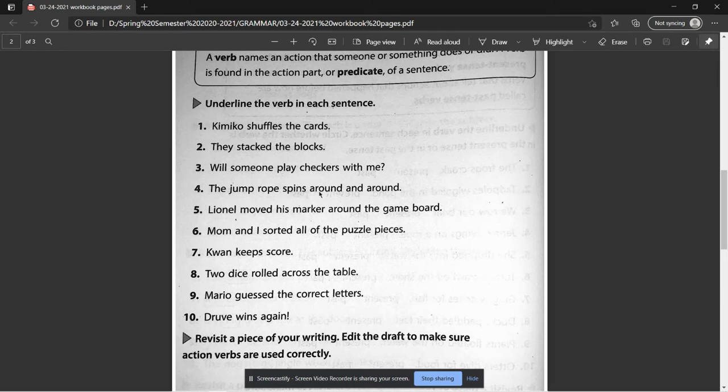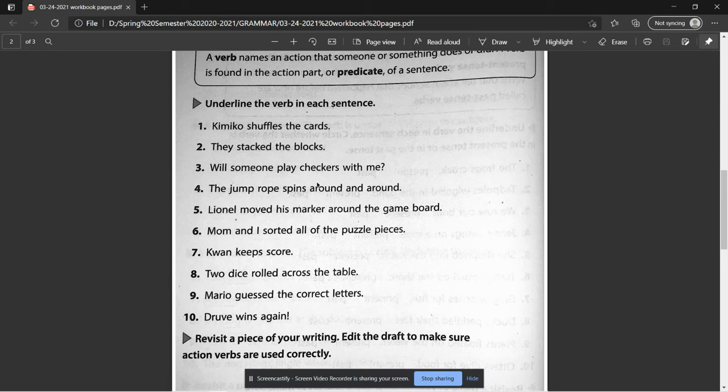Now let's see. Around and around. Does that indicate action? No, around and around does not indicate action. It's actually just describing how the jump rope spins, but it's not giving me an action.